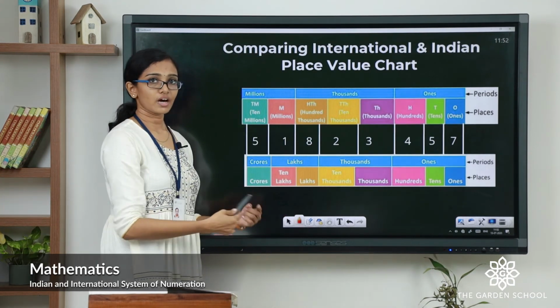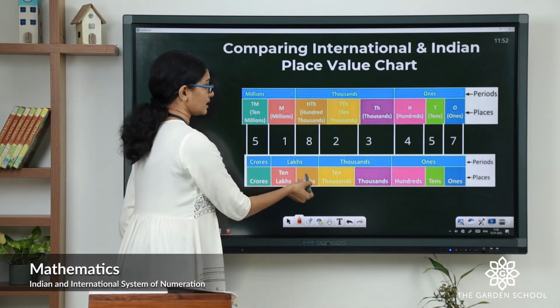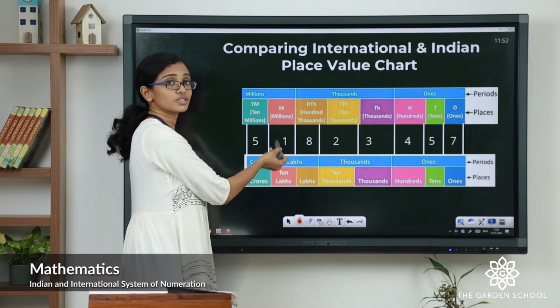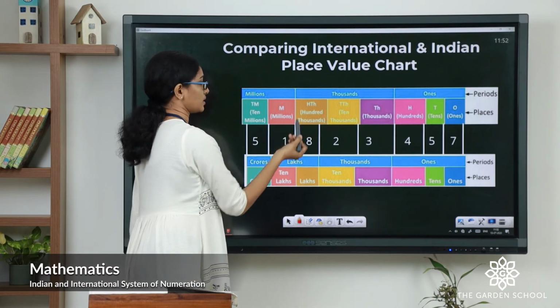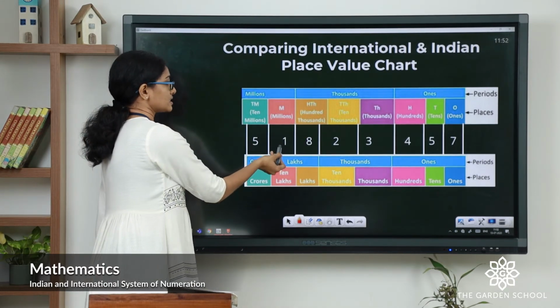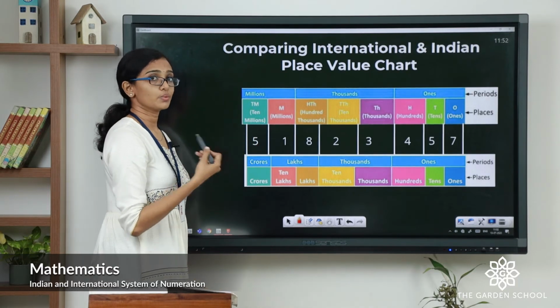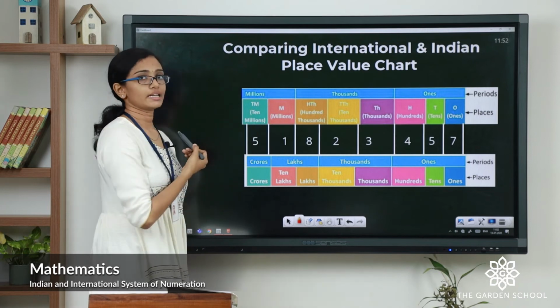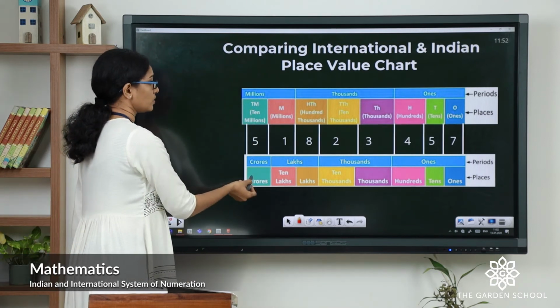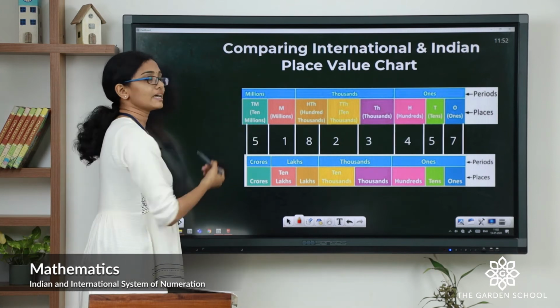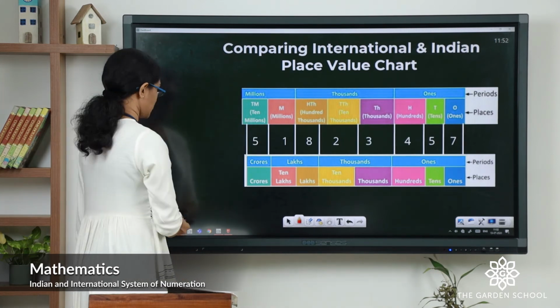Thereafter it changes. Thereafter, in the Indian system it is 8 lakhs. For the international system, it's 800,000. In the Indian system, it is 10 lakhs. In the international system, we say that as 1 million. And here it's 5 crores, whereas in the international system, it is 10 millions or 50 million.